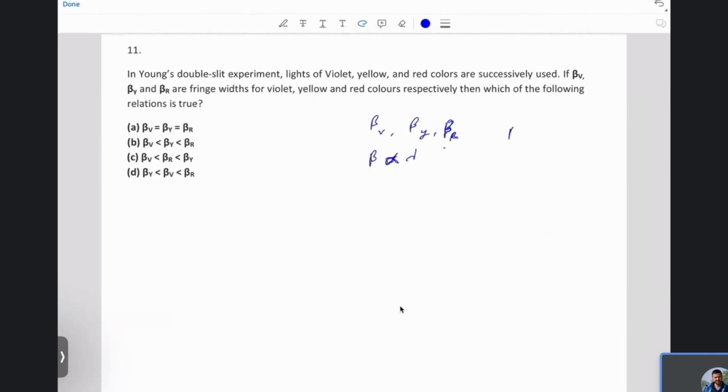So lambda of red is greater than lambda of yellow, which is greater than lambda of violet. So violet has the shortest wavelength. Then beta will also behave the same. So beta of red will be higher than beta of yellow, and it will be higher than beta of violet. So the correct option is B.